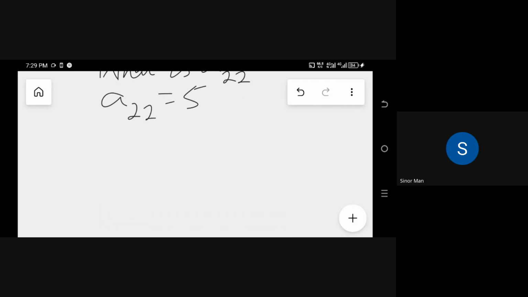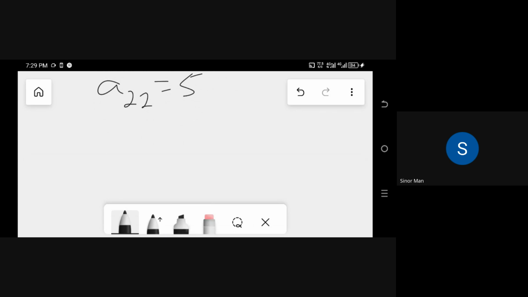So let's try one where you guys will have to determine the elements yourselves.